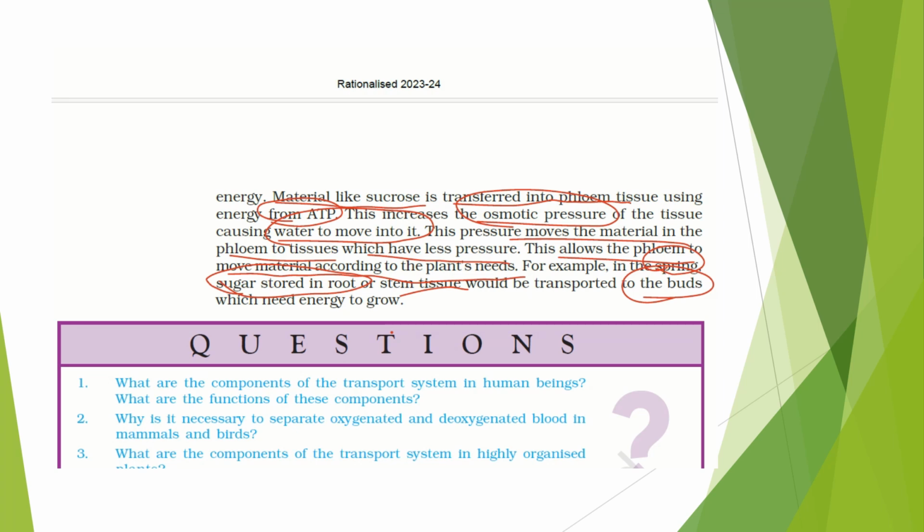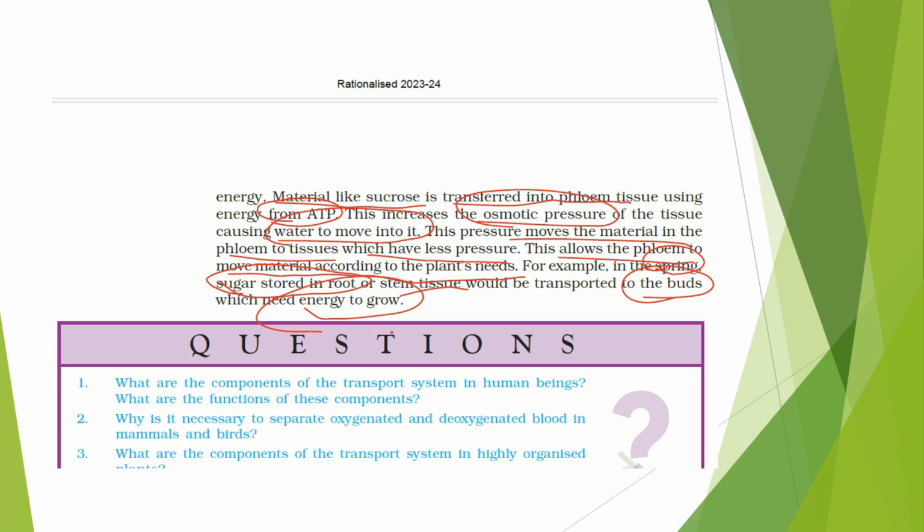So the sugar stored in the root and the stem will be moved to the buds to make them grow, right? Where there is a necessity for energy and sugar, the phloem will transfer the food to only those parts that need to grow. So that is according to the necessity, and according to the osmotic pressure difference, right?